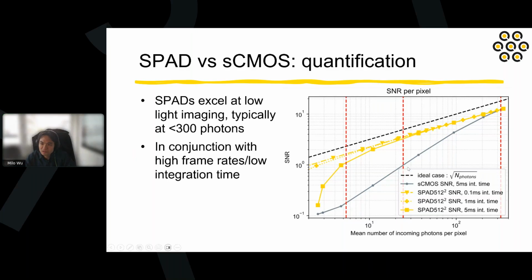So we always encourage the user, if they want to switch to SPAD, their application has to be somewhat fast in terms of integration. In that case, the dark count will not take part in degrading the signal to noise ratio.